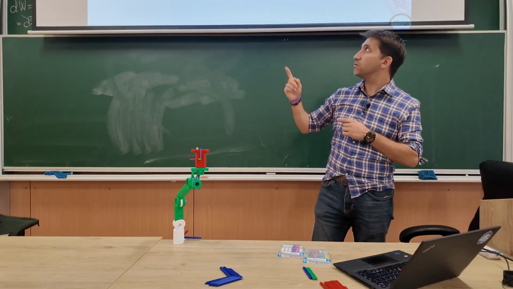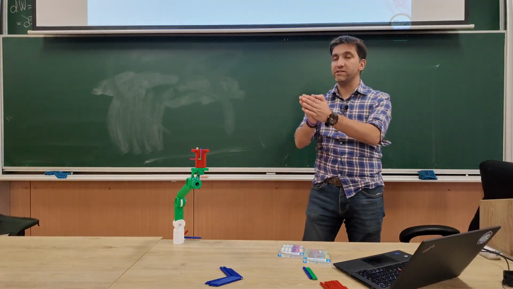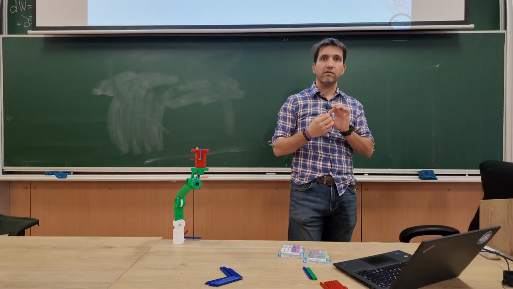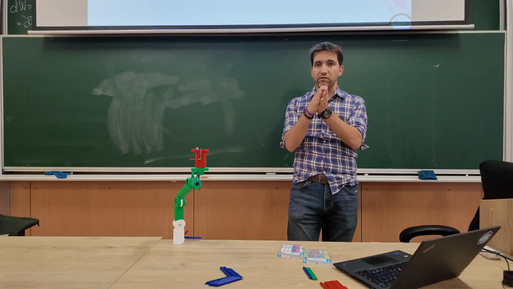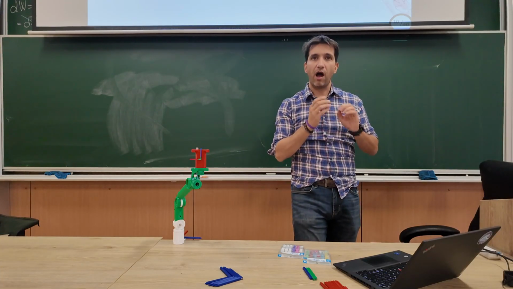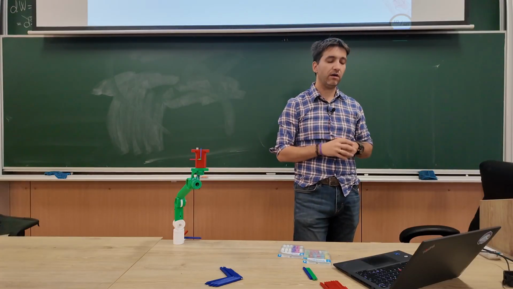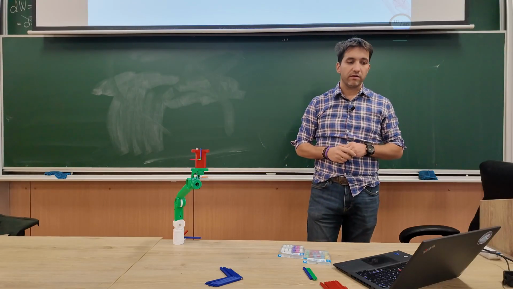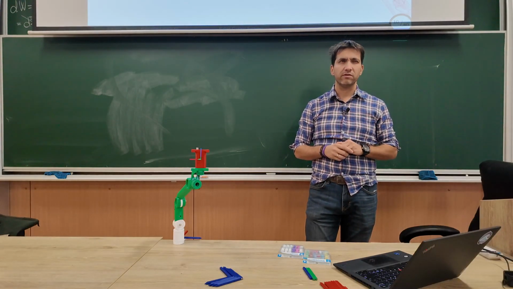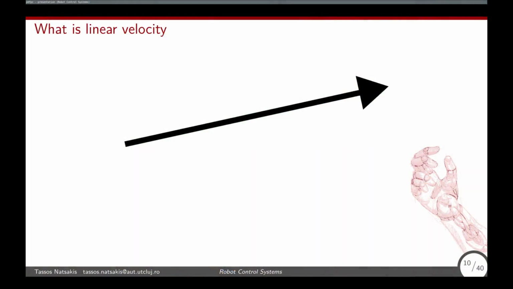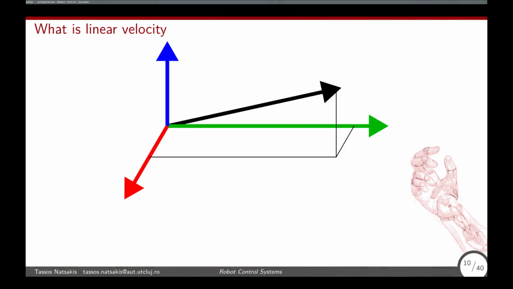So we have a vector which shows us towards which direction we are moving, and that's the orientation of the vector. And then the length of the vector shows us the magnitude, how fast it is moving, basically, right? And what we saw already from the second lecture for vectors is that in 3D space, they have 3 components, right?